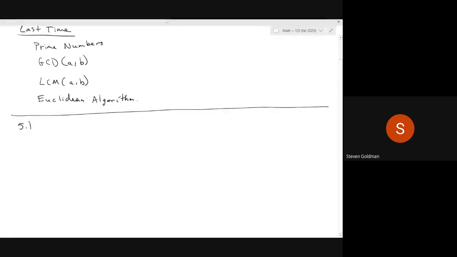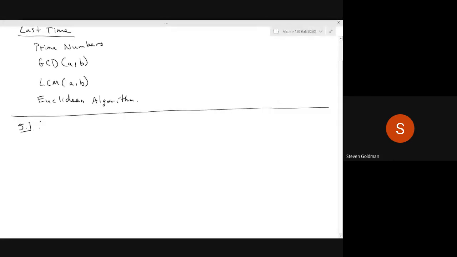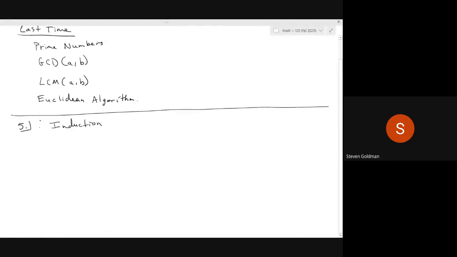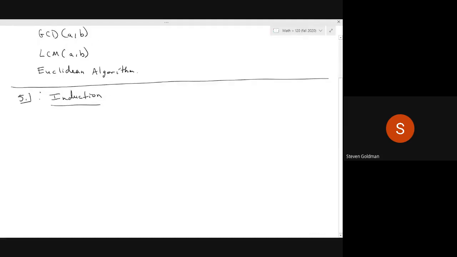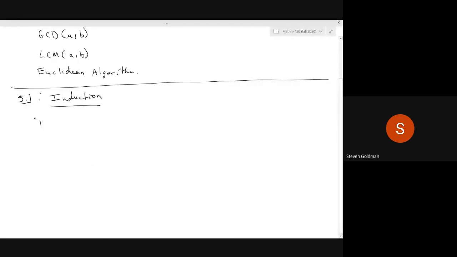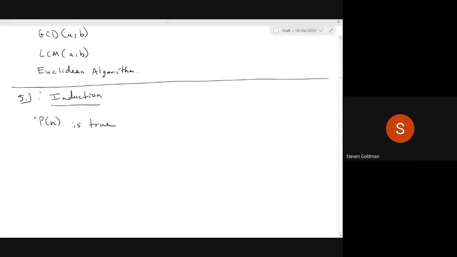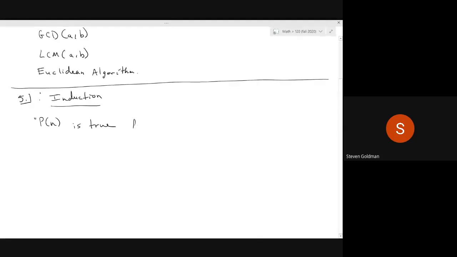All right, so let's continue in section 5.1, induction. Just to go over what we were discussing last time, induction is a way of proving that certain theorems, certain mathematical statements are true. Anytime you have a statement that says some propositional function, P of n, is true whenever n is from some set of consecutive integers.